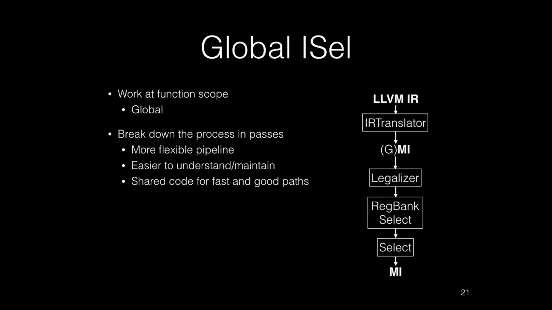And like I gave you a glimpse with RegBankSelect, it's a shared code path for the fast and good paths. So basically, the fast path is just a trimmed down version of the good path. And also, the level of analysis within each path can change if we want to go fast or if we want something good.